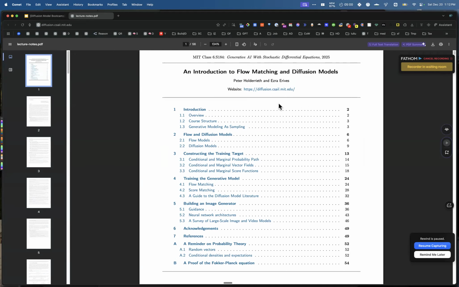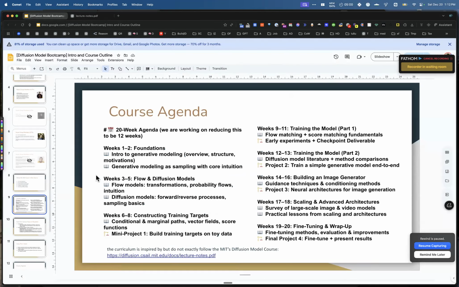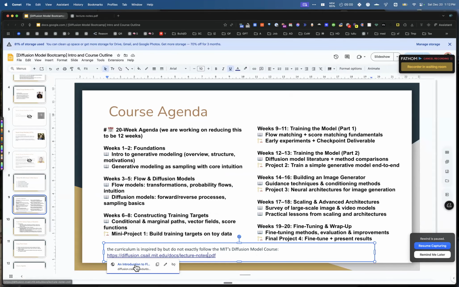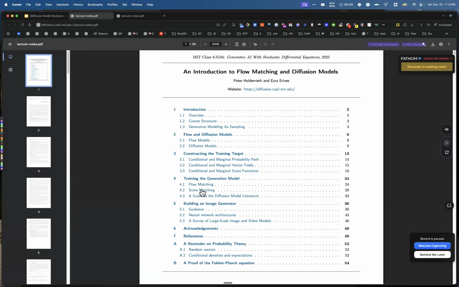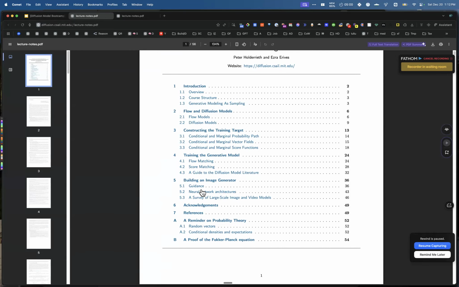They are also starting another one for 2026, and their course notes will be out very soon, so we are thinking about hosting another cohort that goes through the newer version, if it is out. It covers every aspect of diffusion models and flow matching models, up to the latest image generation model architectures.